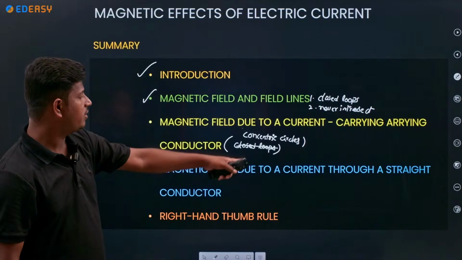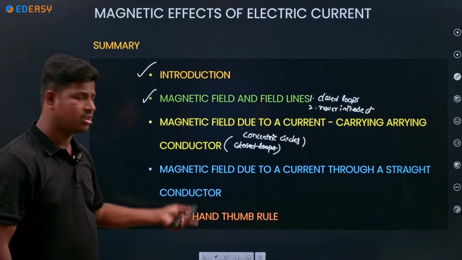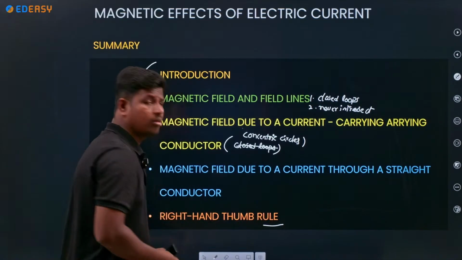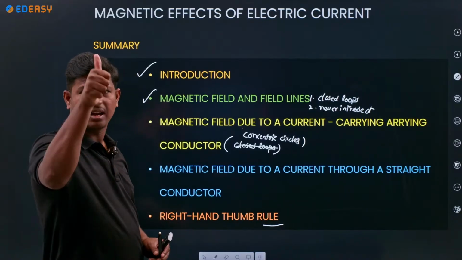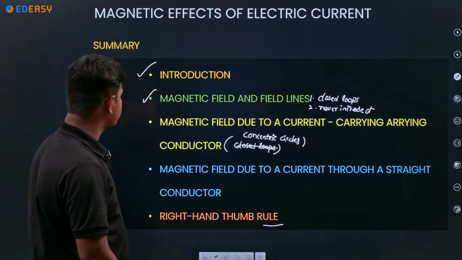Next, magnetic field due to current through a straight conductor: concentric circles only. Right hand thumb rule or screw rule: thumb, current; curl fingers, direction.